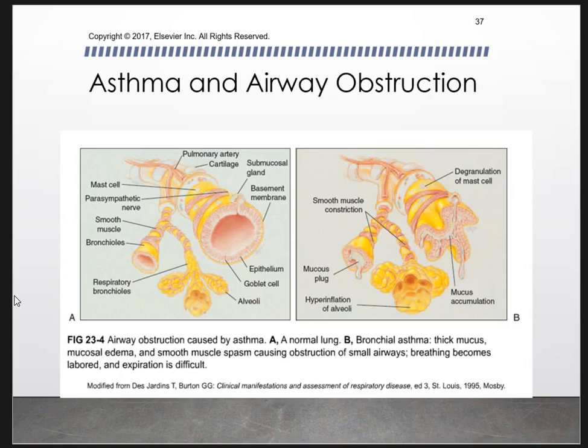The alveoli are hyperinflated. Mucus is going to accumulate in all those other structures. The smooth muscle is constricted, whereas over here, everything is nice and smooth and open. Your alveoli are the right size. You can see the differentiation of your goblet cells. Your epithelium is nice and smooth.